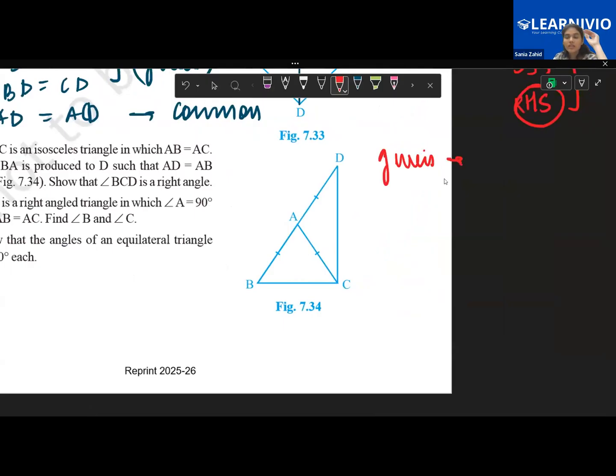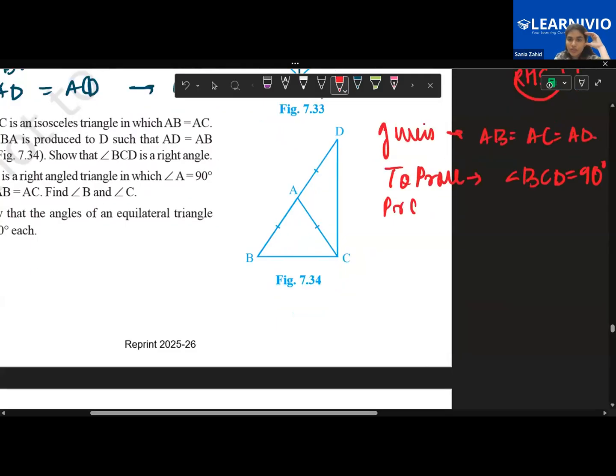So given is that AB is equal to AC is equal to AD. Okay, and what do you have to prove? Angle BCD is 90 degrees. Now children, let's come to the proof. All of you will listen very carefully.